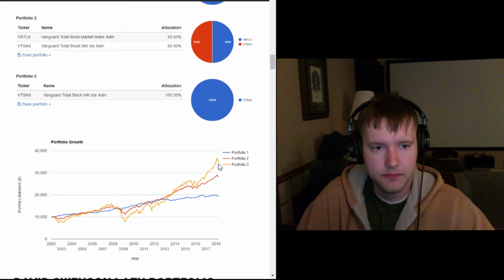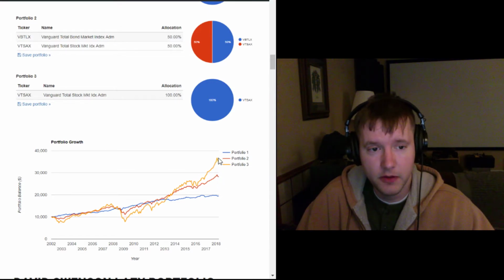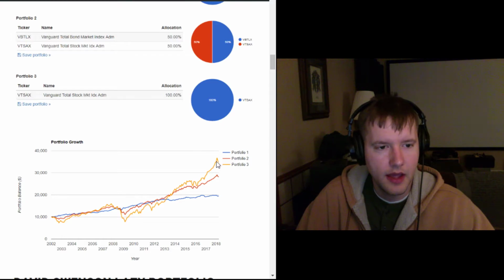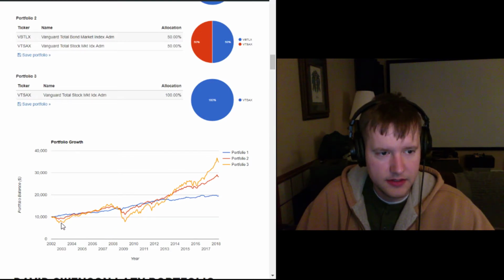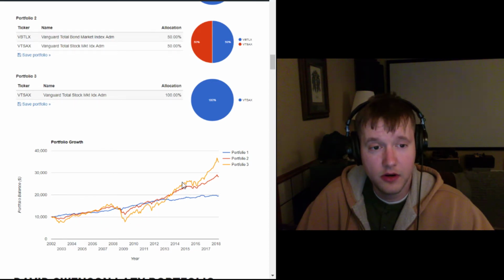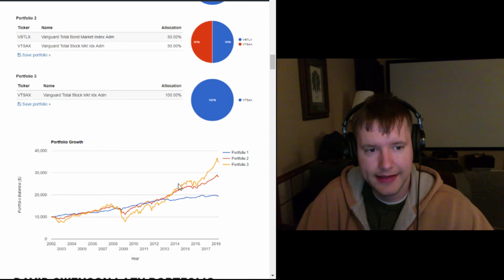And then the total stock market portfolio is the clear winner after around 16 years. But you can see that because of the 2000 tech crash and because of the 2008 stock market crash, the pure equity portfolio does dip below the other two at times.